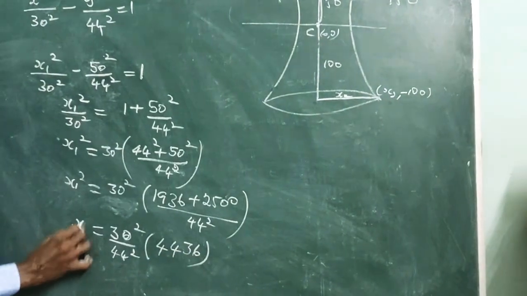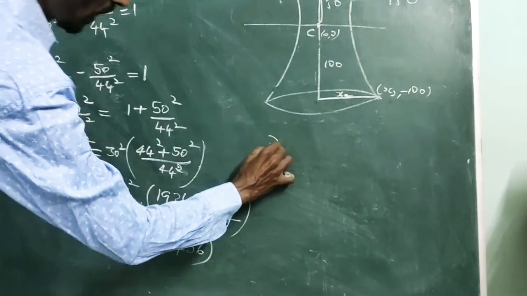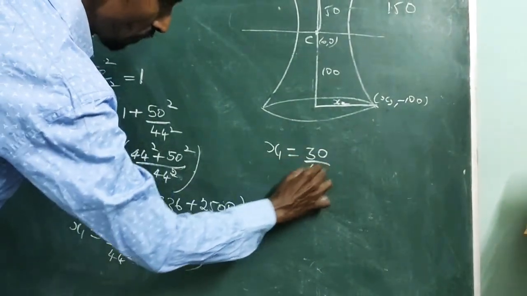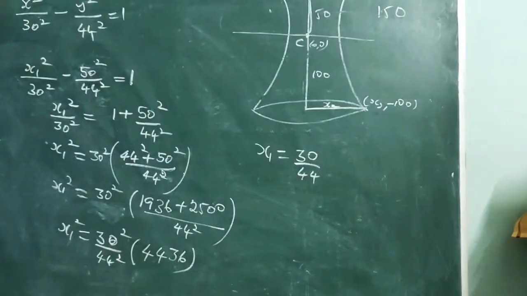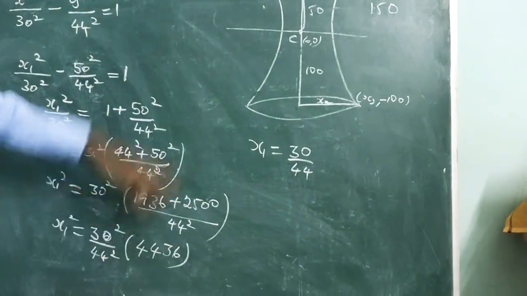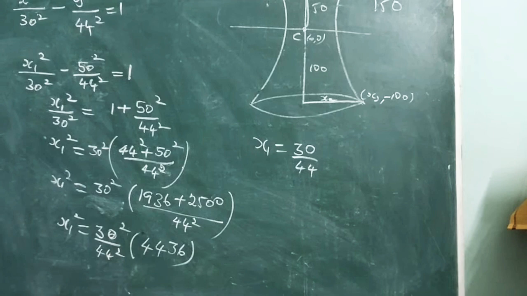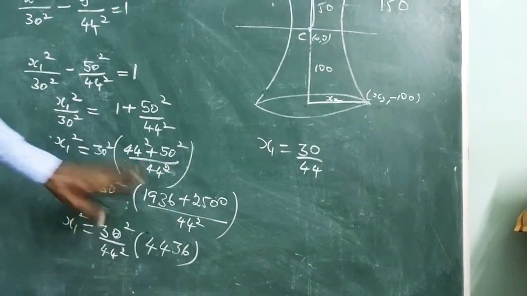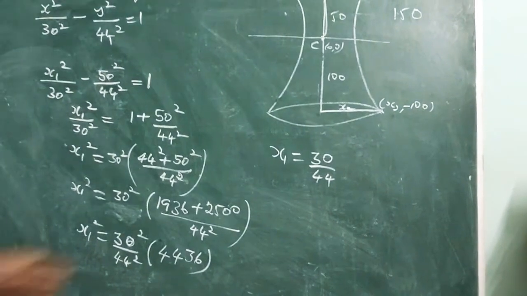Okay, now we need x1 square. Take the square root. X1 equal to 30 by 44 into, find out the square root as usual method, any method you learned in the previous classes. So long division method. So we are getting it is some 66.6.